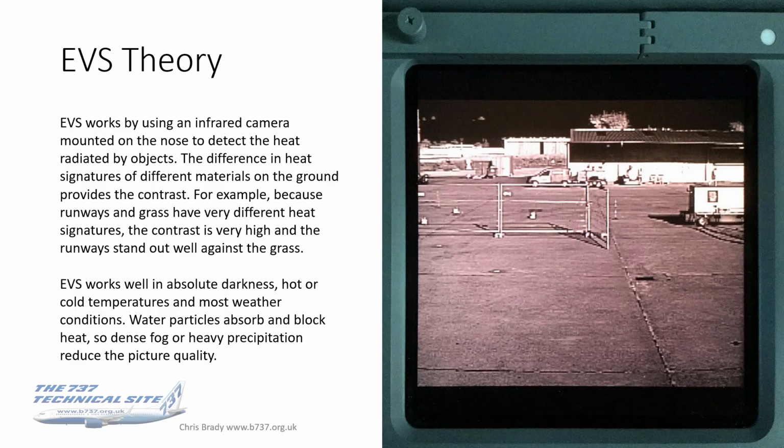Now how this works is that the difference in heat signatures of different materials on the ground gives the contrast. And probably the best example is a runway. Now, a runway is made of, I don't know, concrete or tarmac or whatever, some sort of hard mineral that absorbs heat and then re-radiates it back out. It's got a certain specific heat capacity.